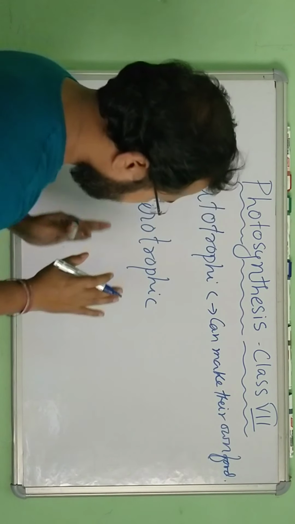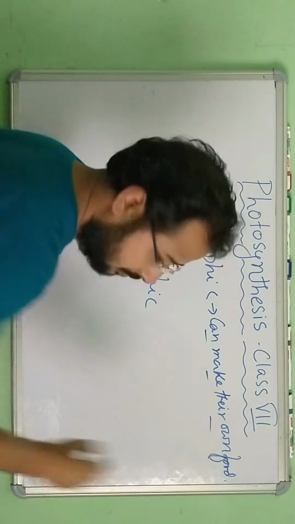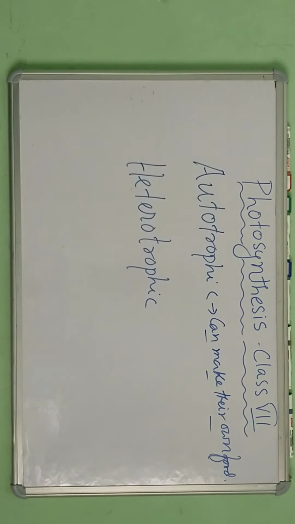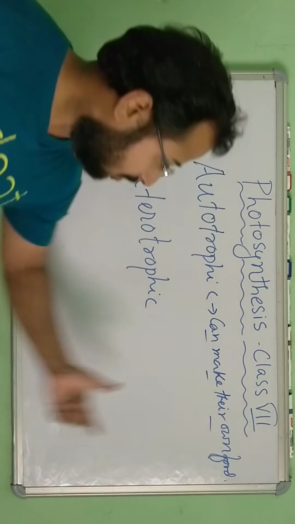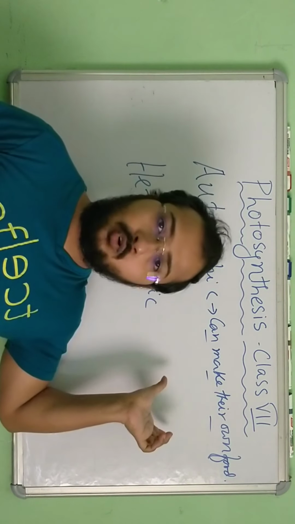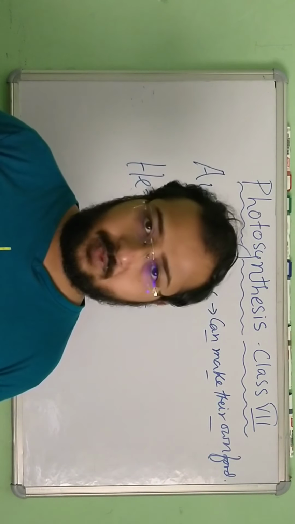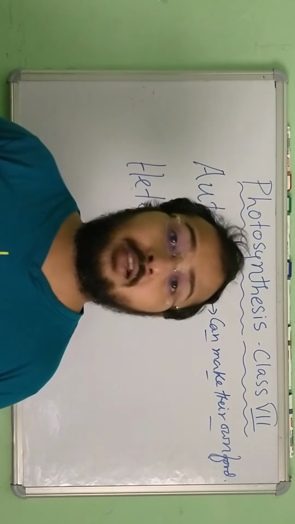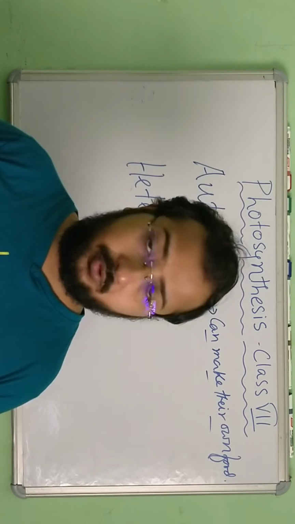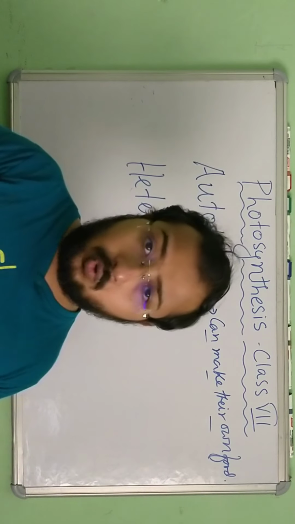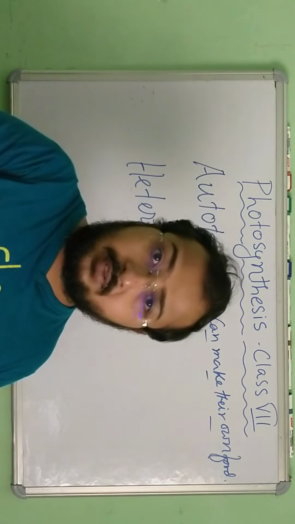Now a little bit more about this. Who can make their own food? The organisms who can make their own food are, as we know, the green plants. They have the capacity to make their own food, and the food is not only for the plants themselves.